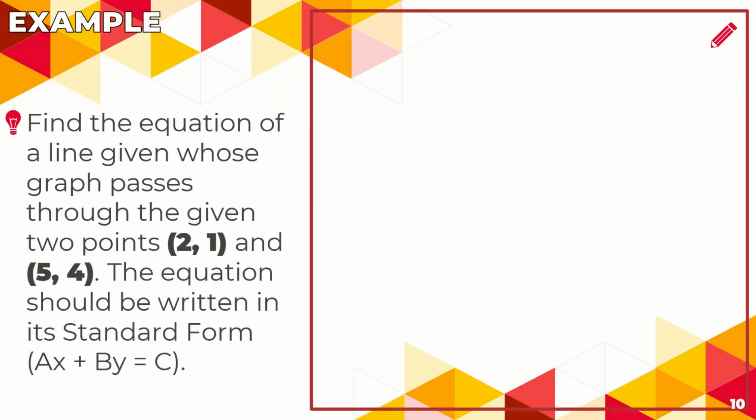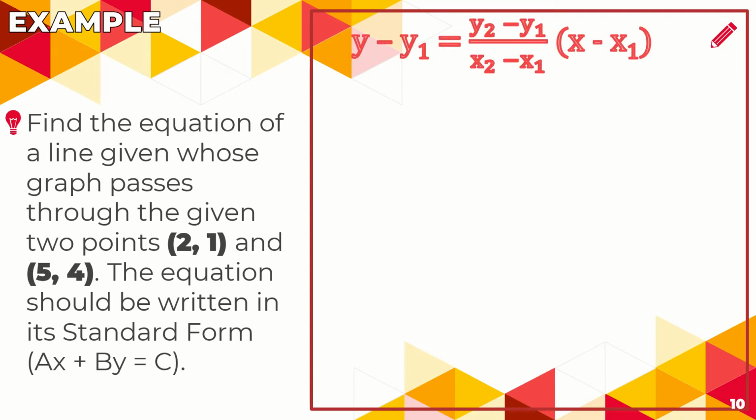Find the equation of a line whose graph passes through the given 2 points, (2, 1) and (5, 4). The equation should be written in the standard form, ax plus by equals c. We have two given points, therefore, we're going to use two-point form.